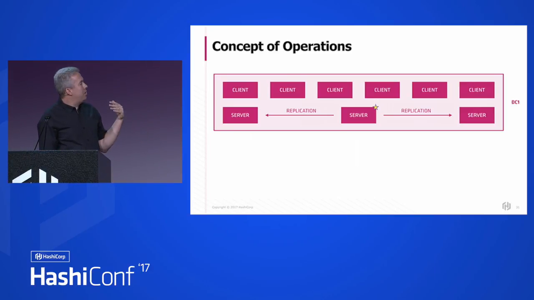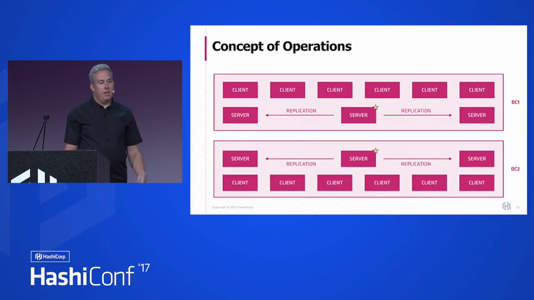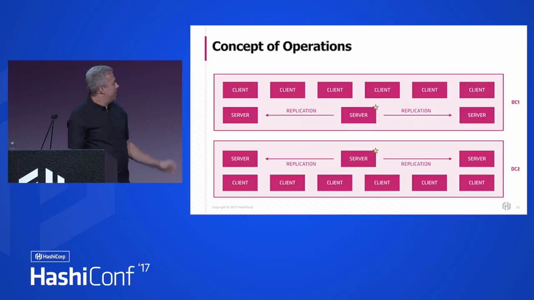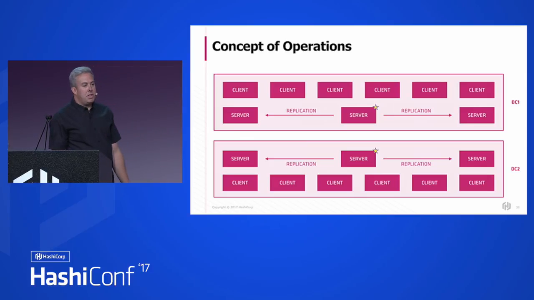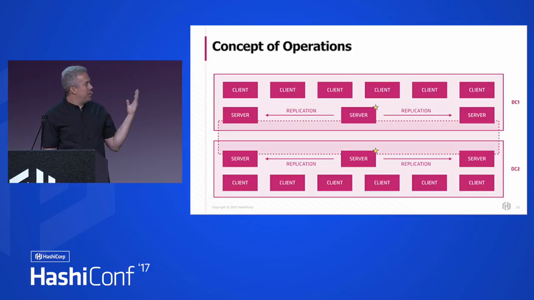Let's say you've got another data center you brought up. The first one, DC1, was in California, DC2 is on the East Coast. So you replicated all your stuff, you have another set of machines that are independent, they're in their own gossip pool, and you want to be able to make requests to get service discovery and key value information from one data center to the other. So you've got 2 clusters, now you federate them.